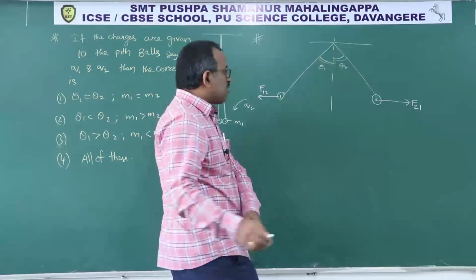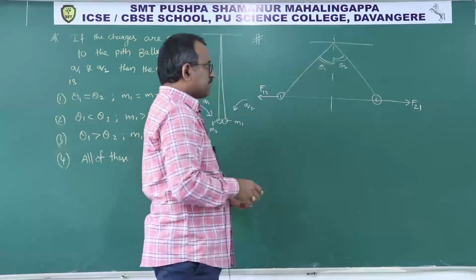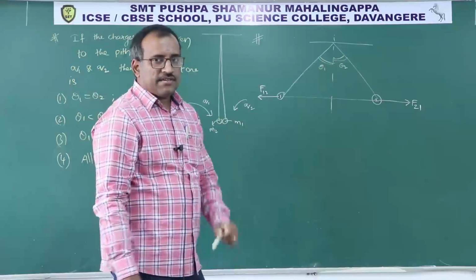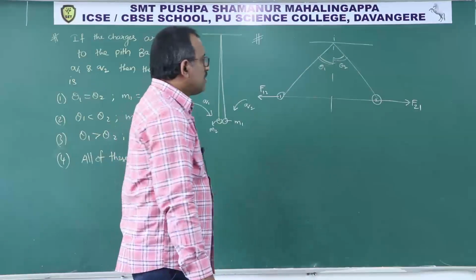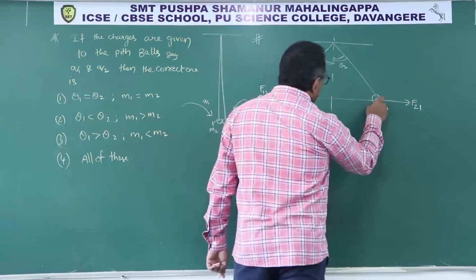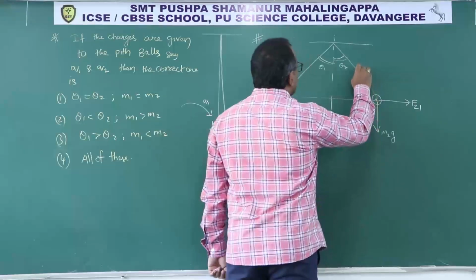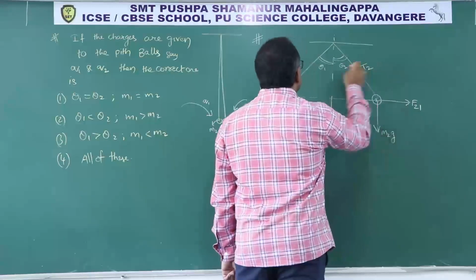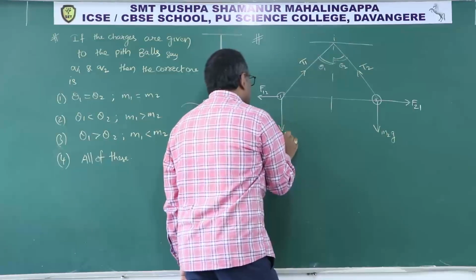And now if you see, concentrate. This is our distance. Clear? And F12, F21 both are the same. But at the same time, on this a downward force is acting, M2G, and here on this T2, here on this T1, here on this M1G.